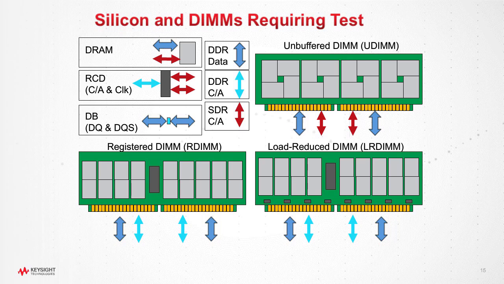And in fact, that was one of the first architectural steps taken to take this eye that was closing and open it back up without having to make these big conceptual leaps to statistical eyes or impulse response-based specifications like we're looking at beyond DDR4.